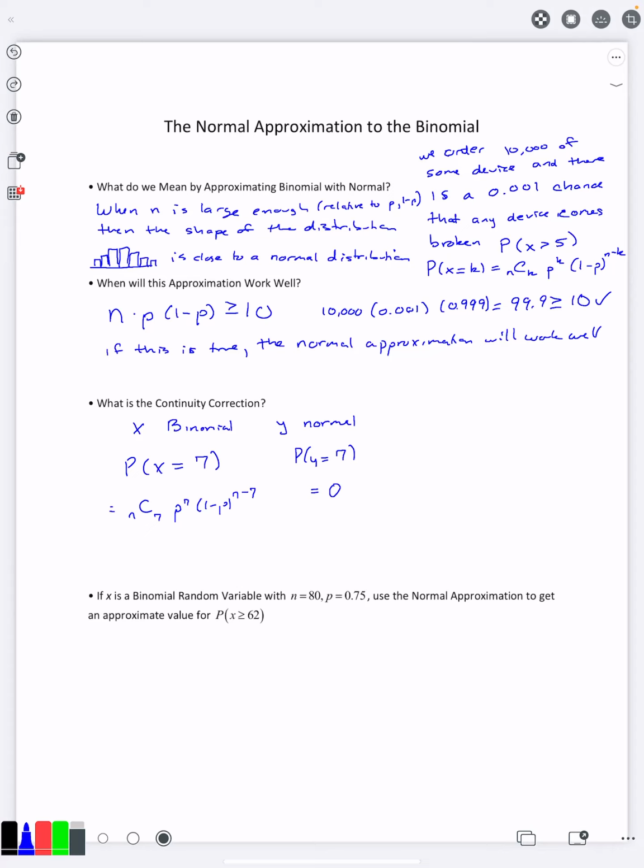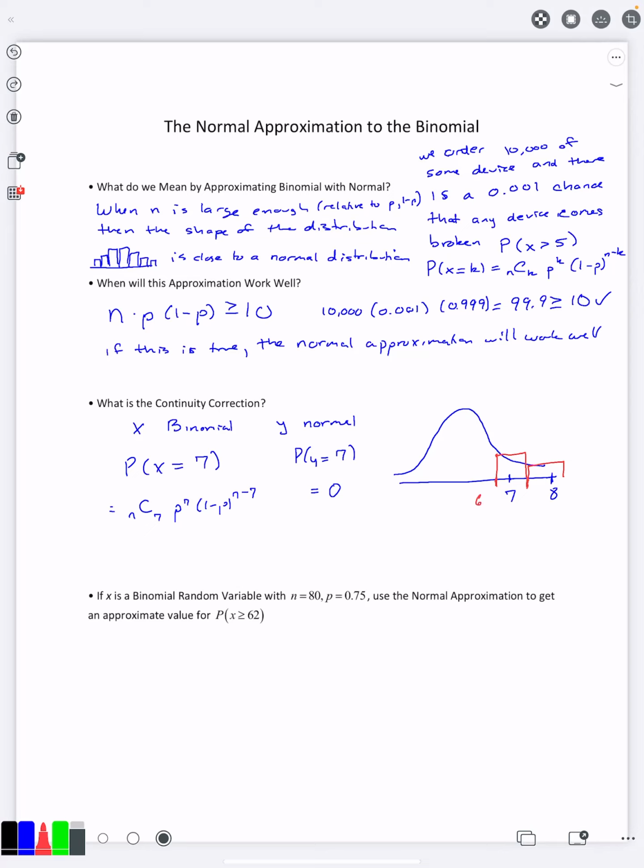So here's what we're going to do. We are going to imagine that you take a box located around your value here. Instead of just taking the exact area right above 7, we're going to take a box around it, and that's the area we're going to look for. If I want each number to have its own box, and I want those boxes to not be overlapping, what's the natural point to cut off?